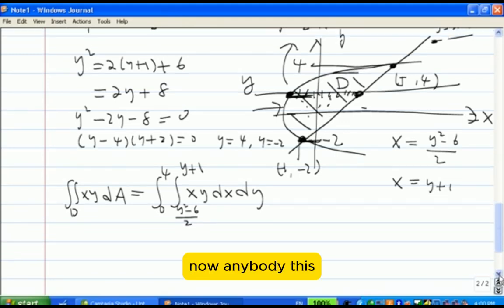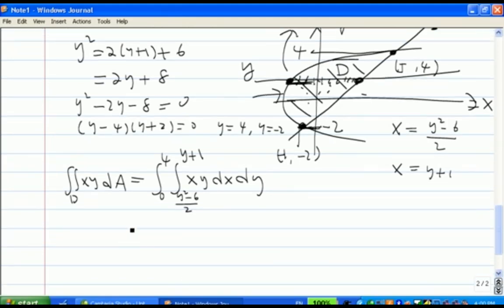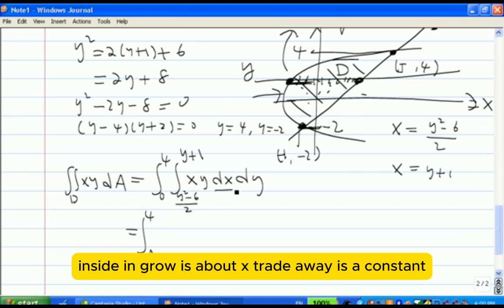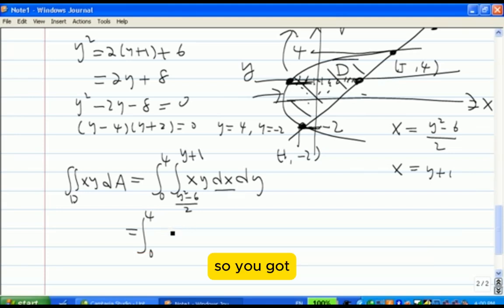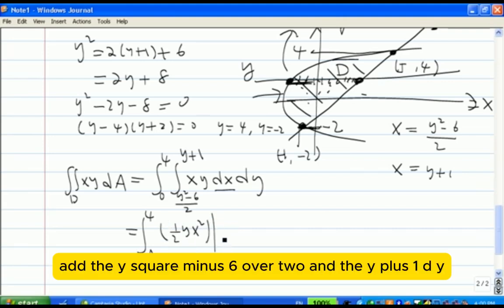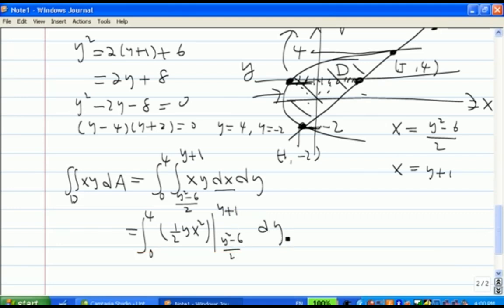Now integrate this. The inside integral is about x. Treat y as a constant. So you get 1/2 y x squared, evaluated at (y squared minus 6) over 2 and y plus 1, dy.